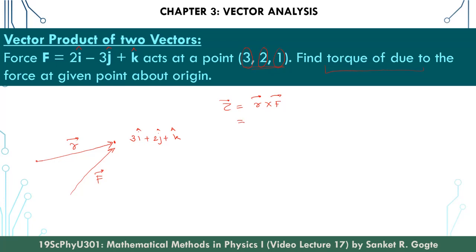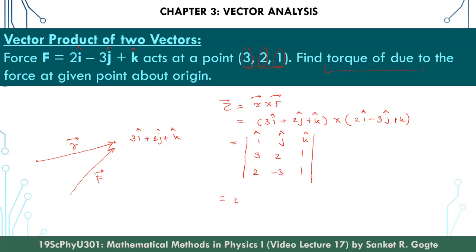Therefore this is equal to R, which is 3I plus 2J plus K, and we are taking cross product of that with 2I minus 3J plus K. This cross product is going to be determined by this determinant I, J, K, 3, 2, 1, and 2, minus 3, 1.